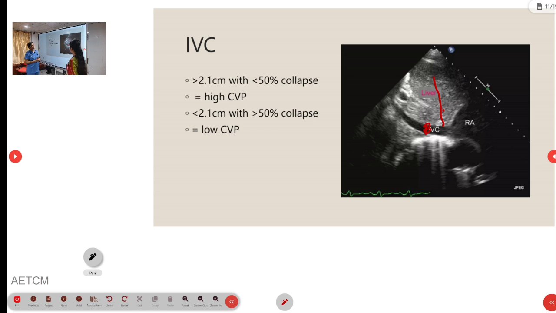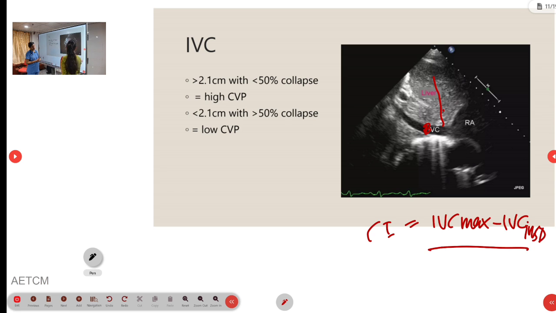How will you calculate the IVC collapsibility index? The maximum breadth with the minimum breadth. That is, the IVC collapsibility index we will calculate as IVC's maximum minus IVC during inspiration, divided by IVC's maximum, into 100.